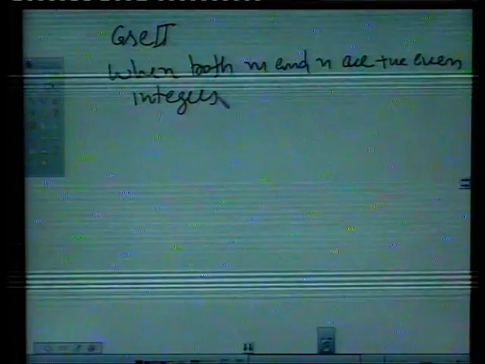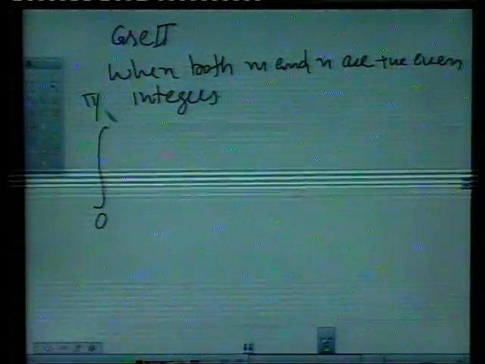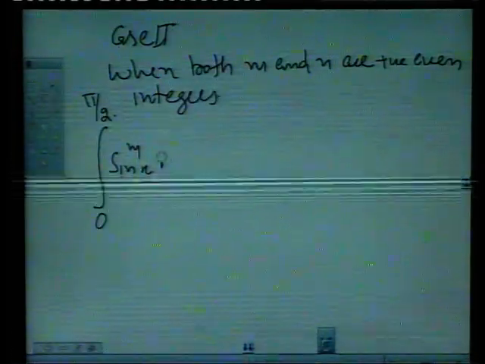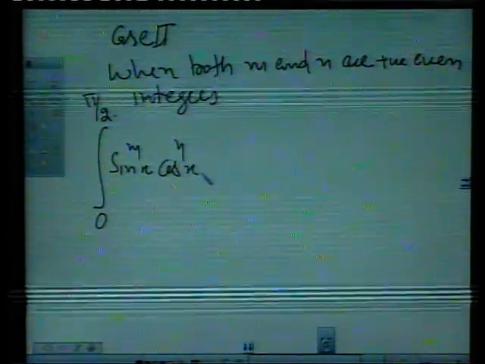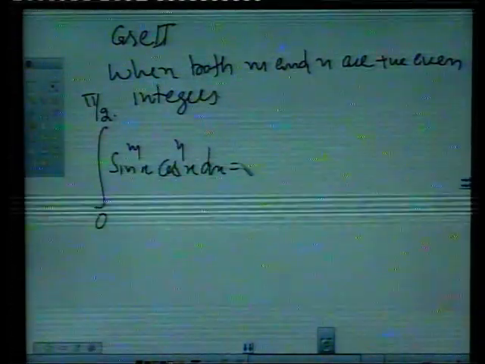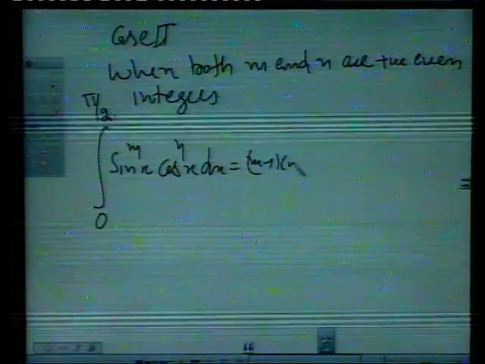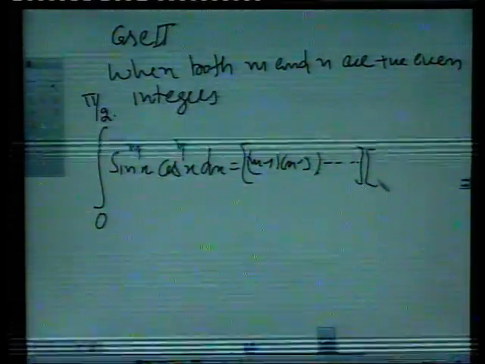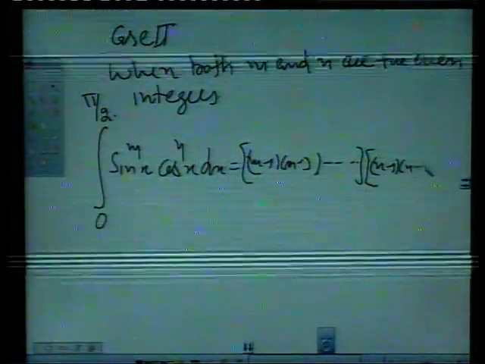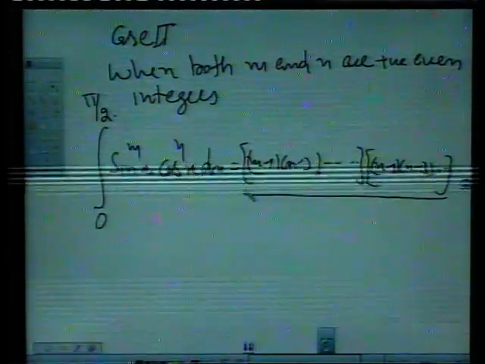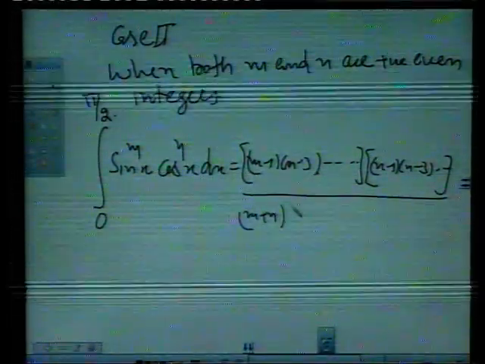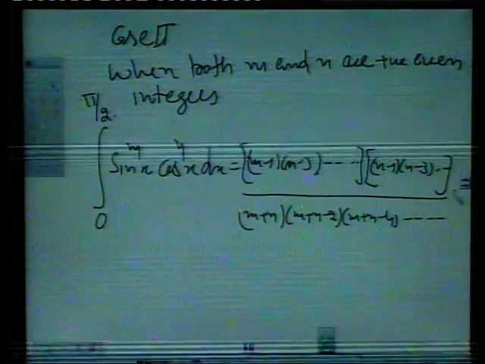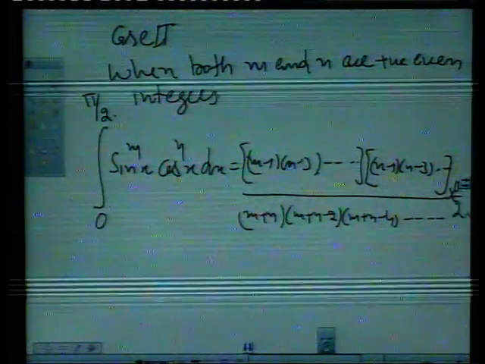In that case, the integral of sin x raised to power m, cos x raised to power n dx is equal to m minus 1, m minus 3 and so on up to the last positive factor, n minus 1, n minus 3 and so on, divided by m plus n, m plus n minus 2, m plus n minus 4 and so on, and here again multiply by pi by 2.